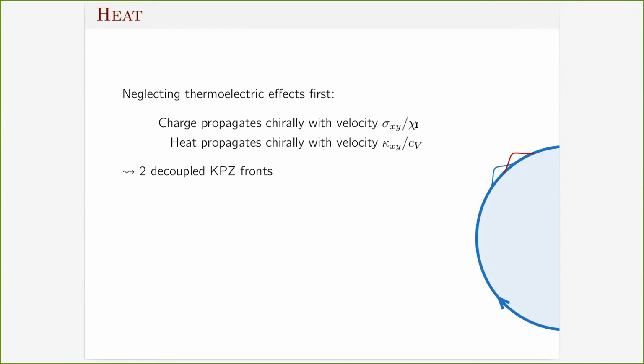For a single channel system, I would think that sigma xy divided by C_V is the same no matter what your filling factor is, in the lowest approximation at least. Sigma xy is exactly quantized, and chi is related to sigma xy by the exact fluctuation dissipation theorem, hence also exactly quantized. And then it looks like you just get two identical velocities. I think that sounds pretty reasonable, that for a single channel you should have the same velocity.